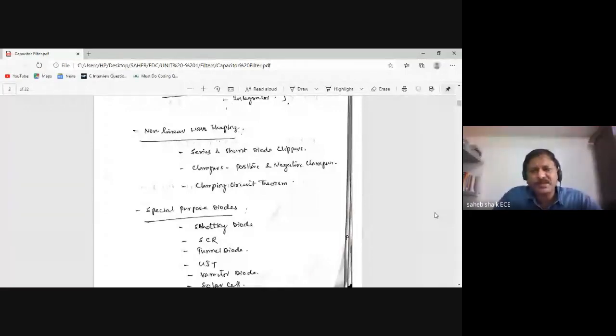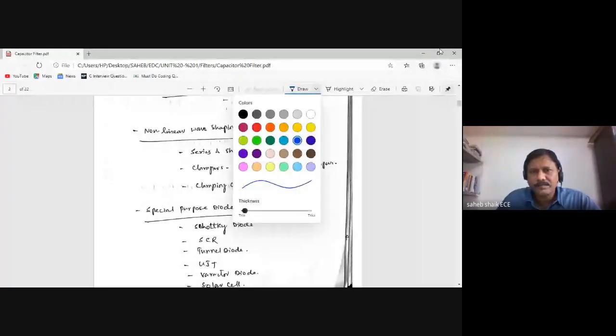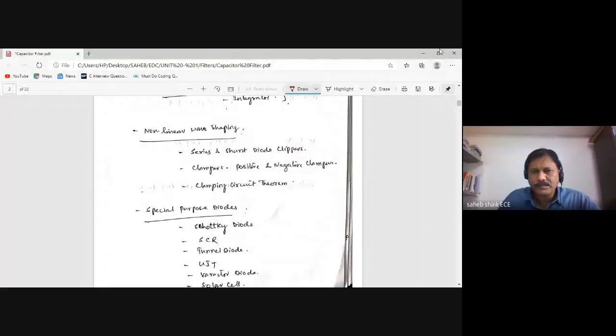And you will be coming across the clamping circuit theorem also.